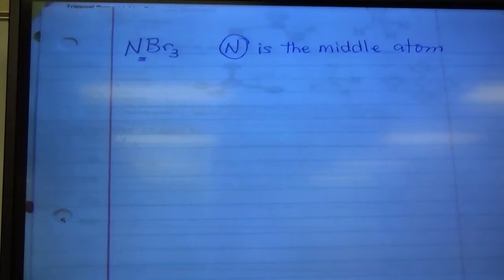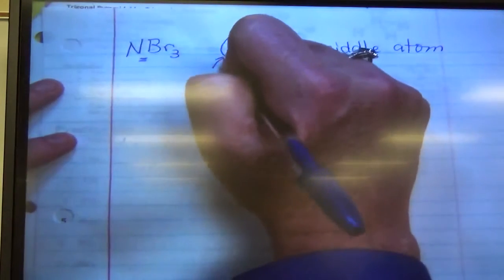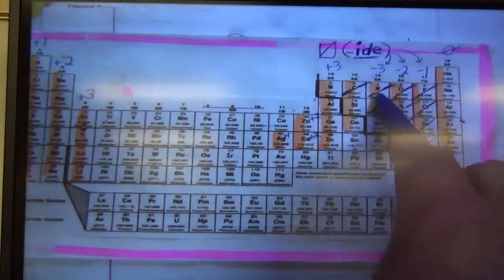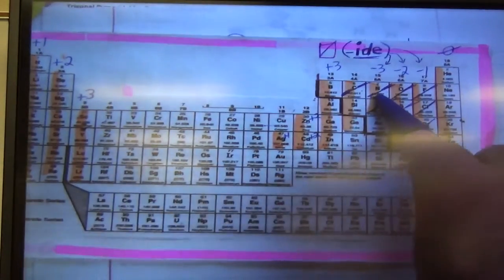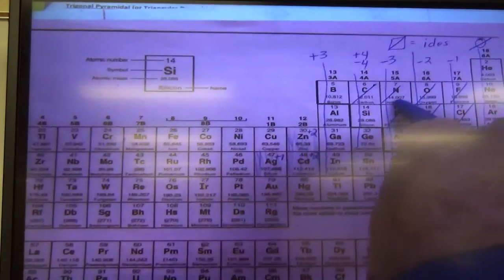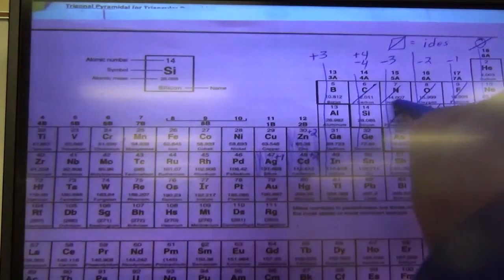What's in the middle? Now we're going to consider our nitrogen, and how many valence electrons does it have? Let's see. I'm going to look up on my ordinary periodic table. Nitrogen is here. That's 5. How did she know 5 valence electrons? Because it's in group 15.